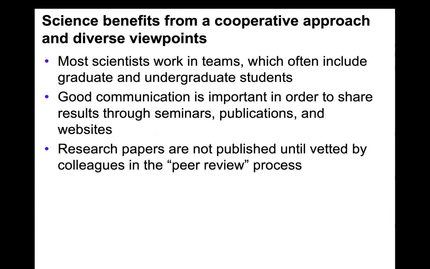Most scientists work in teams, which often include graduate and undergraduate students. Good communication is important in order to share the results through seminars, publications, and websites. Researchers publish their papers, but not until they have been vetted by colleagues in what is referred to as a peer review process.